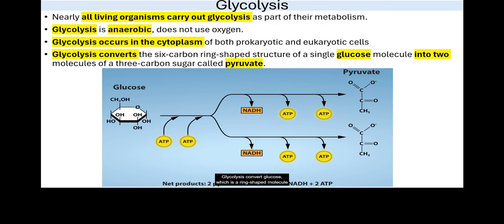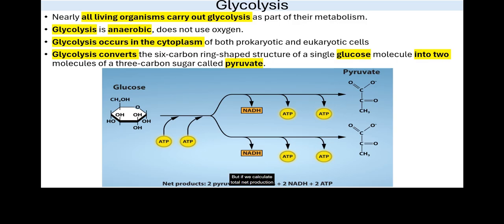Glycolysis converts glucose, which is a ring-shaped molecule and has 6 carbons, into 2 pyruvates, which contain only 3 carbon molecules. Energy is first required on the first step of glycolysis in order to break down bonds between carbons, but later on in the chemical reaction, NADH will be produced, which means it's carrying energy, electrons, and plus 4 ATP molecules will be produced.